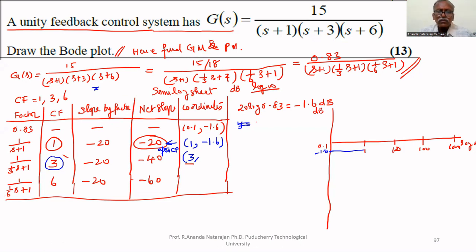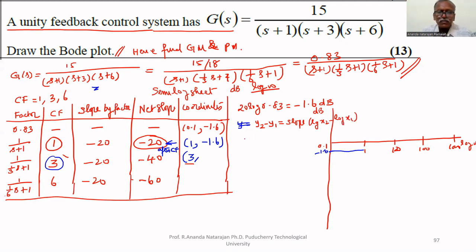For that, let us use the equation for a straight line. That is y2 minus y1 equal to slope multiplied by (log x2 minus log x1).